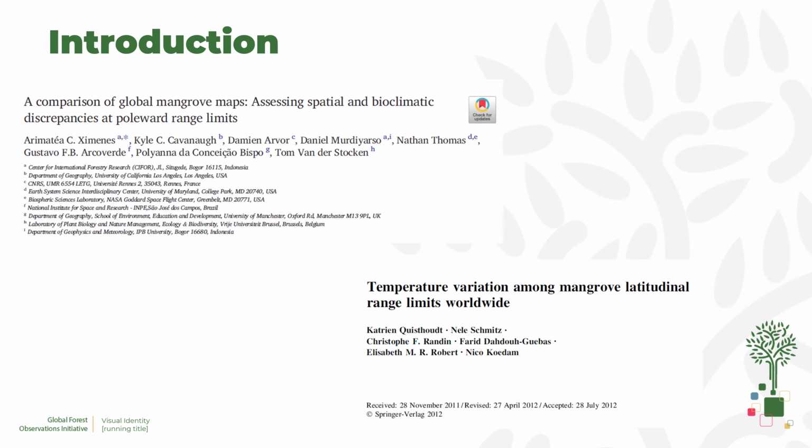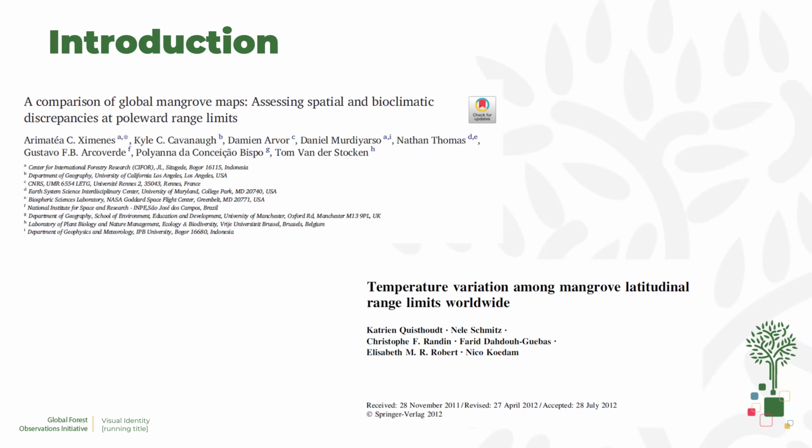We use as a basis the 2012 work from Catherine, who studied temperature variation among latitudinal range limits. Her work was very focused on the range limits, so she talked with a lot of experts in each country and has a more precise position of the range limits.